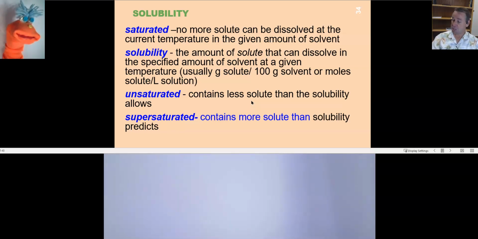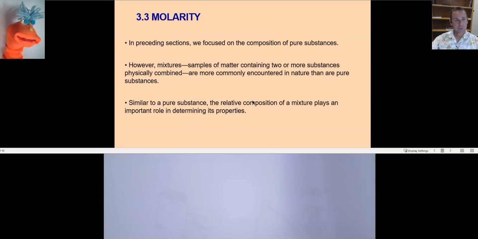Unsaturated means it can contain more solute, and there's a scenario that's called supersaturated, where if you slowly dissolve a compound, the amount that's dissolved can actually be above its solubility. This is often done by raising the temperature of a solution, the solvent, right? Because solubility, the amount that's actually able to dissolve, is temperature dependent.